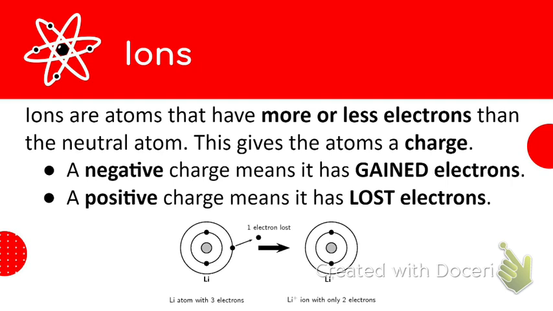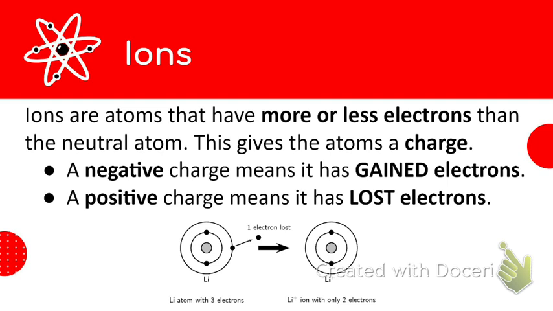All right, so next is going to be our ions. Ions are going to be atoms that have more or less electrons than a neutral atom. So a neutral atom is going to be one that has the same number of protons and same number of electrons. So an ion is going to be one that either loses or gains electrons.